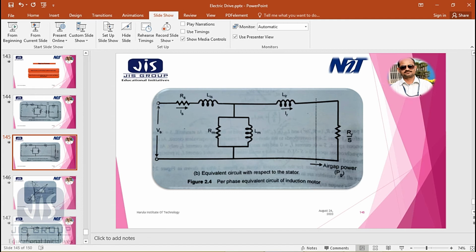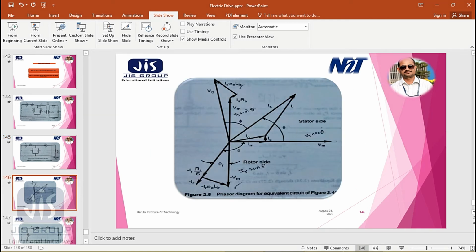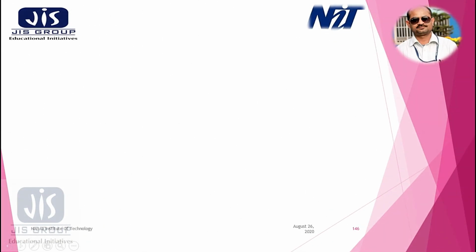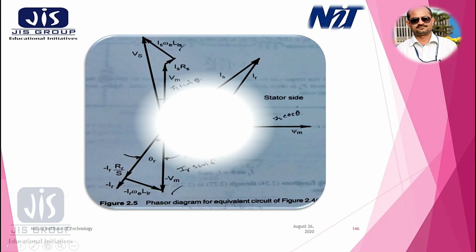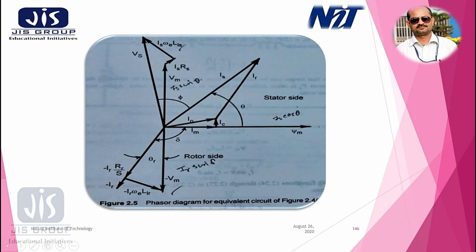Also from this phasor diagram, this is my Is sin theta, and this current is my minus IR, and this angle is delta.